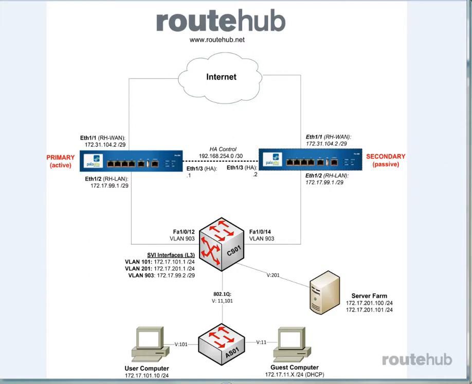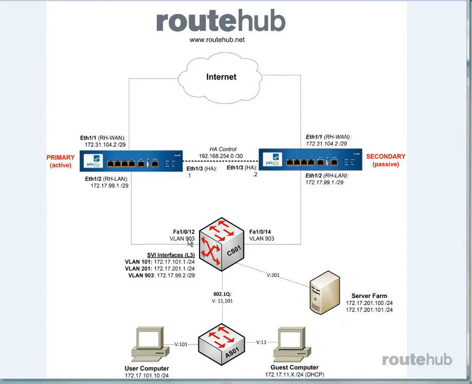For example, on our primary firewall right here, we have our WAN-facing interface, which connects up towards the internet, and our LAN-facing interface, which connects down to our core switch. So here we have configured VLAN 903 with the IP that we configured earlier, in a previous topic, dedicated on this interface for Fast Ethernet 1012.